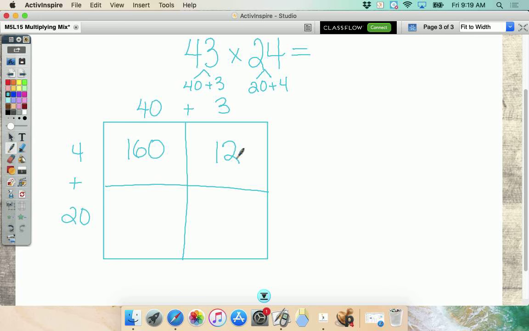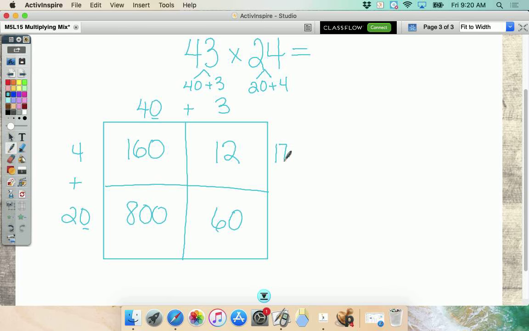And what about next, Ryder? What would I multiply? 20 times 40, what's that? 80. 2 times 4 is 8. How many zeros do you see? So that would have been 800. And Fernanda, what will I multiply last? 23. And what's the answer to that? 50. And I taught you this.